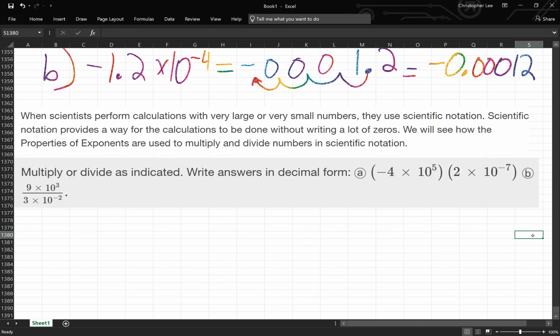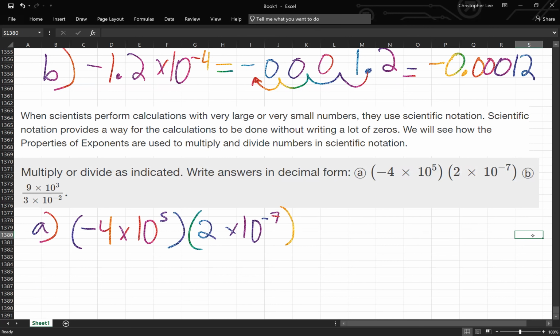So let's do this. For A, I have negative 4 times 10 to the fifth power times 2 times 10 to the negative 7 power, right? Okay, let's multiply those whole numbers. Negative 4 times 2 is what? Negative 8.